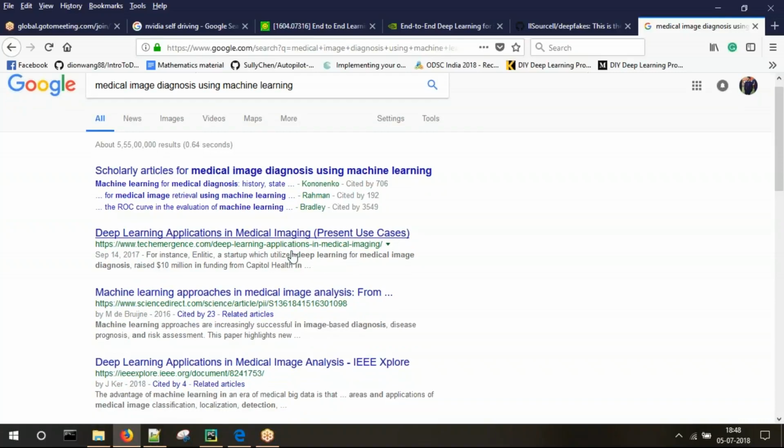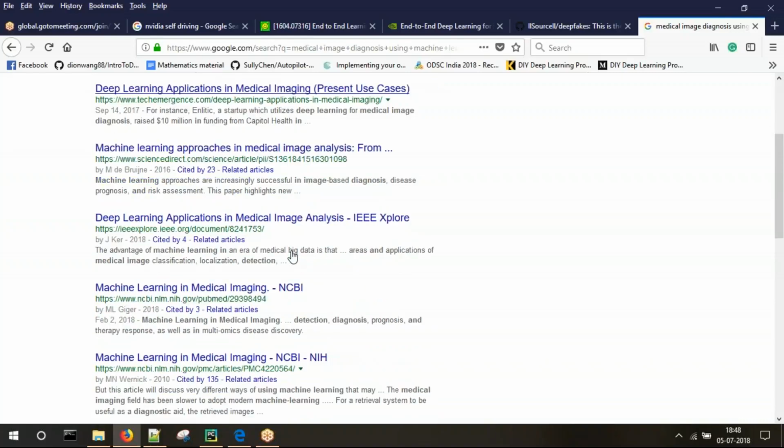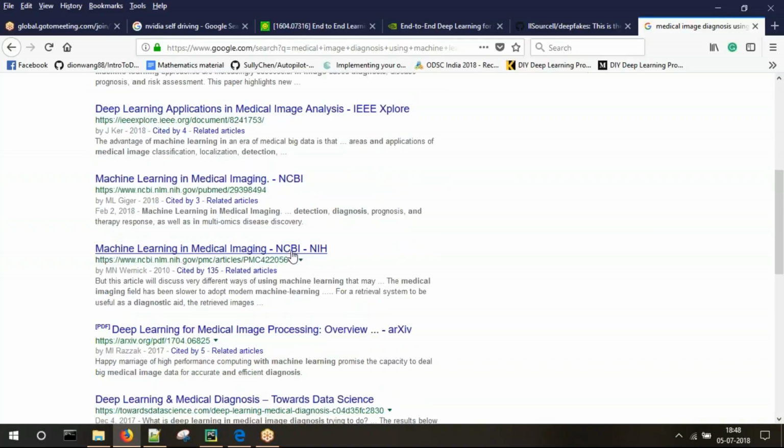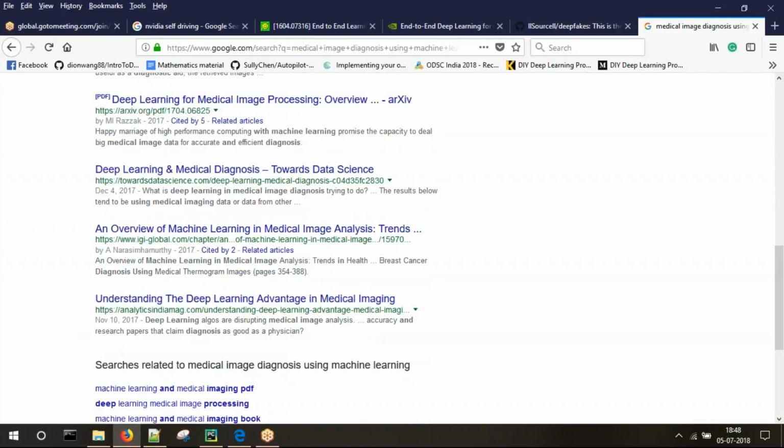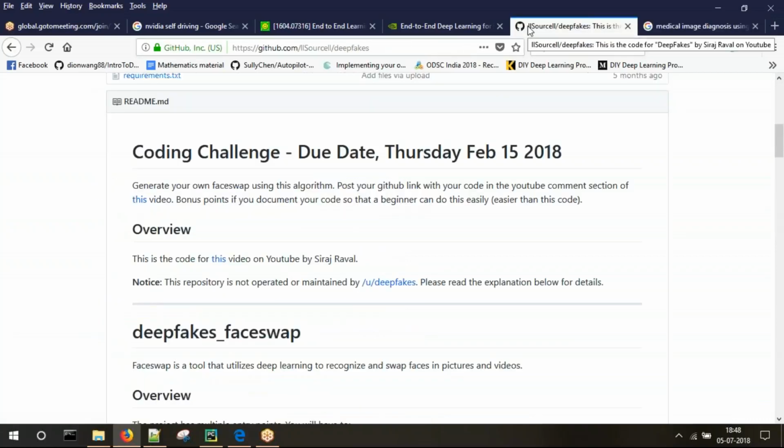I think Siraj will also put up a video regarding retina scan or eye scan, and I also came across a product that used to track the condition of the teeth and recognize whether you have some condition in your mouth or in your gums or not. The market for medical imaging is growing right now. So if you are working in image classification, or you want to work specifically with image data, I think this is something that is very intriguing.